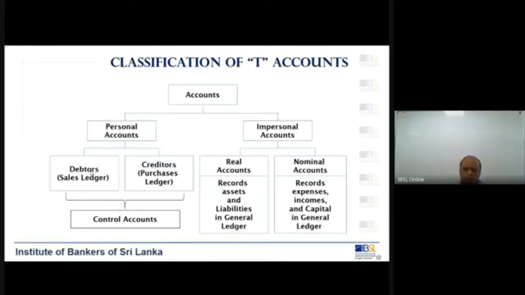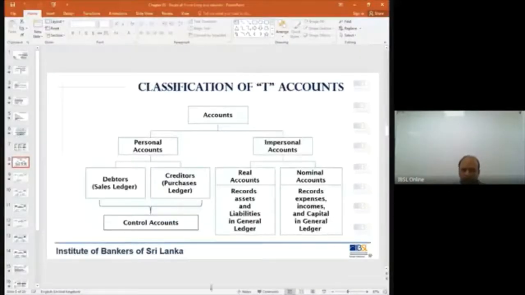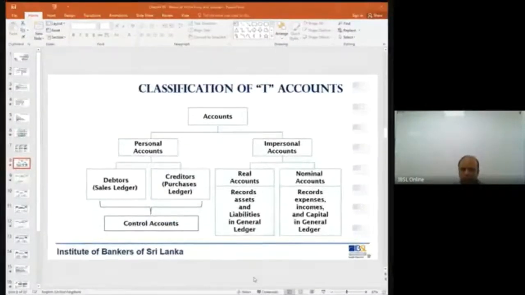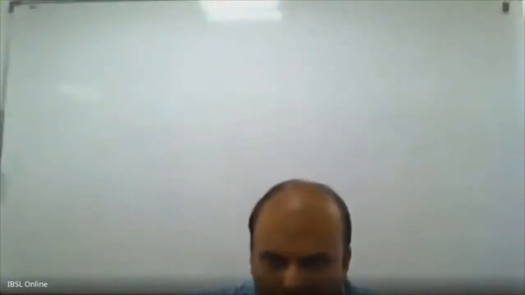So from the business point of view, who is a debtor and who is a creditor? Very important. A debtor is the person who has purchased goods from the business on credit terms. So let me put it on the board so I can explain.